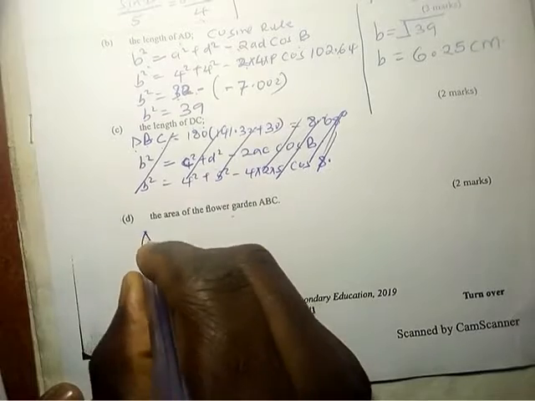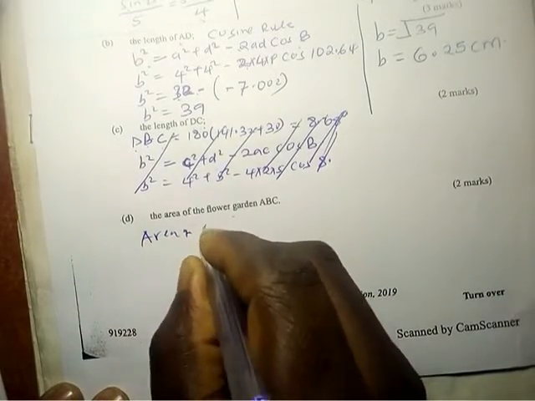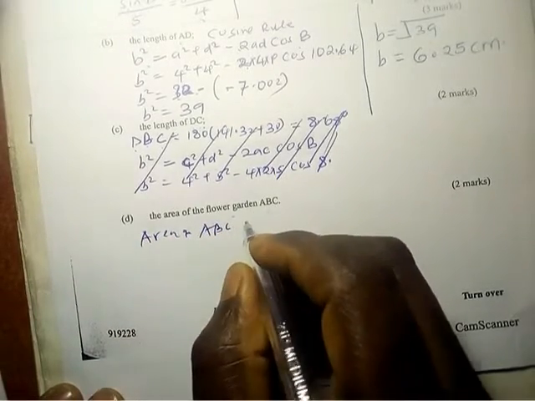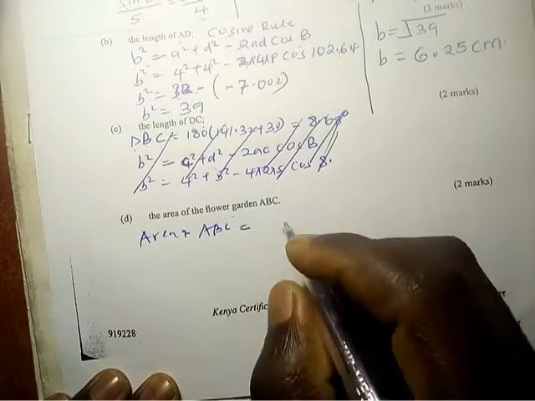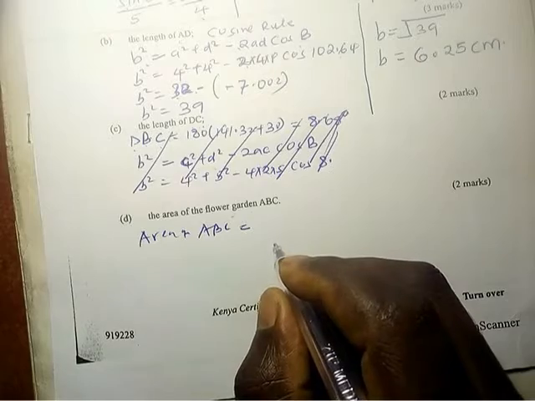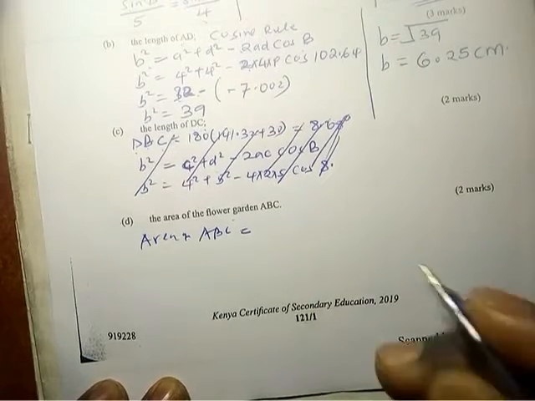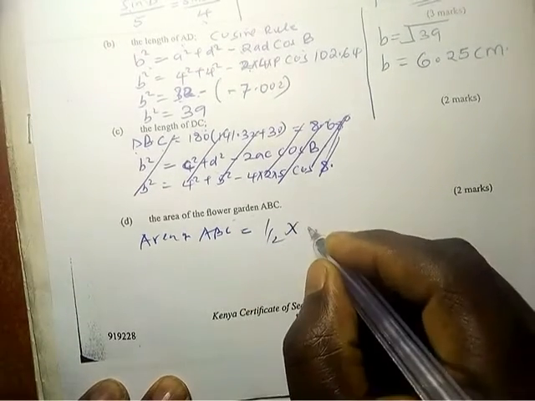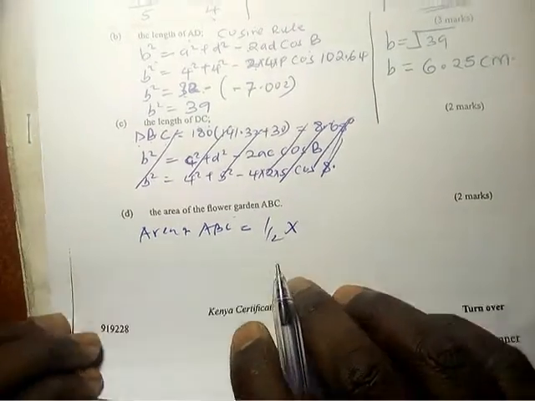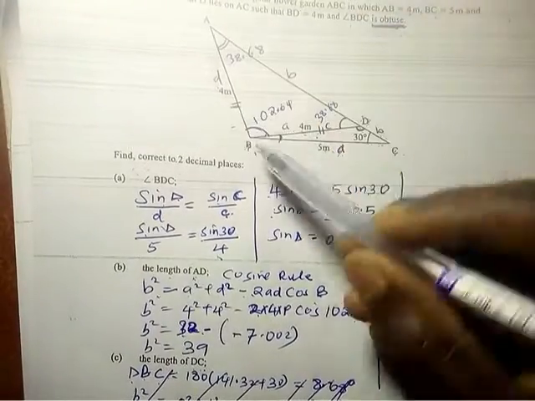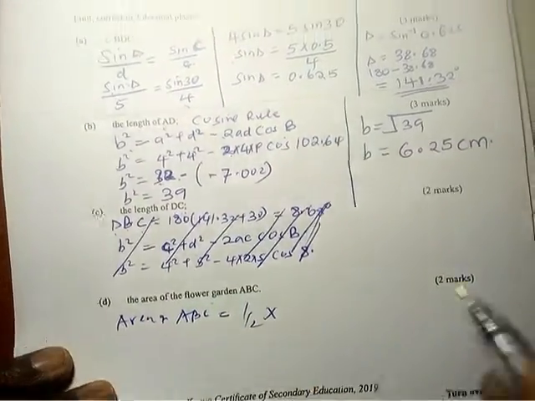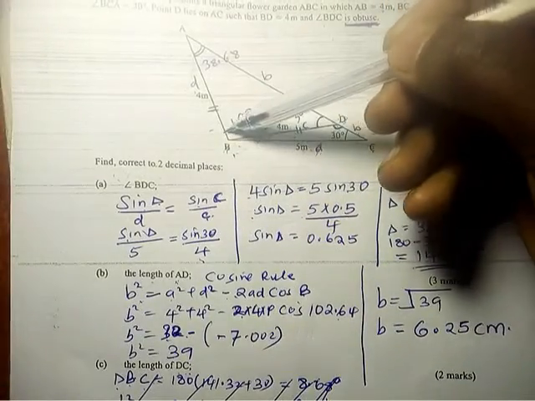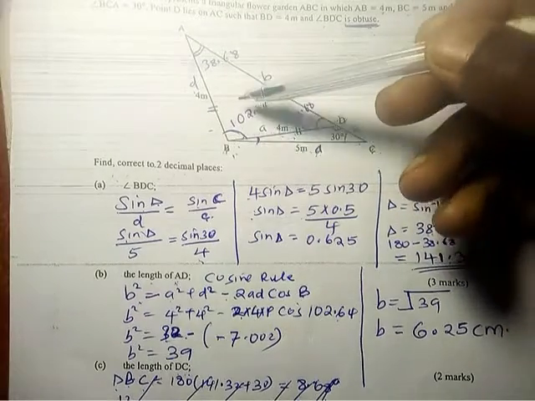So area of ABC will be a half times 4 times 5 and then this total angle here. That you can do only once. Use the total angle from here up to here instead of doing separate.